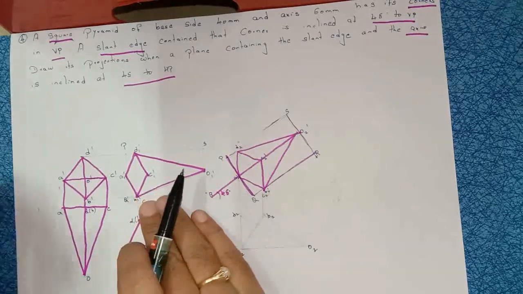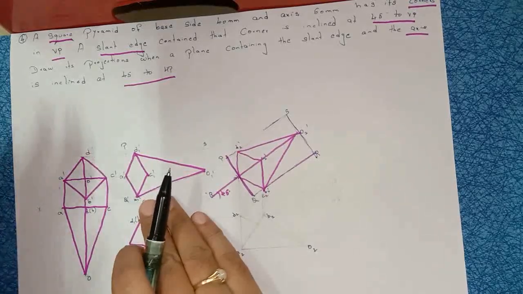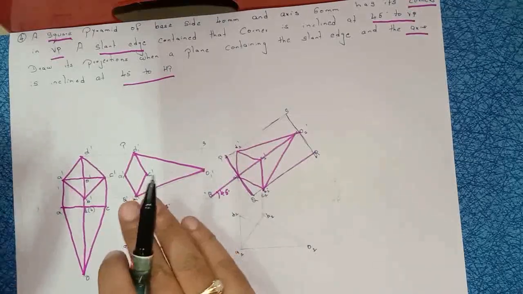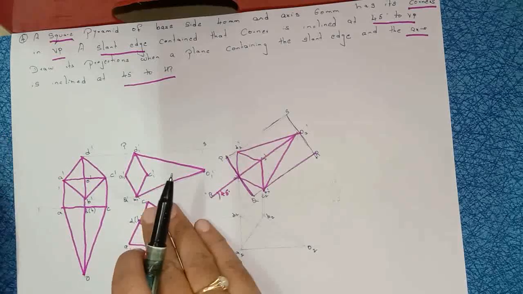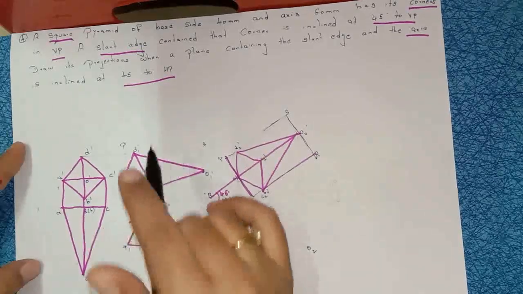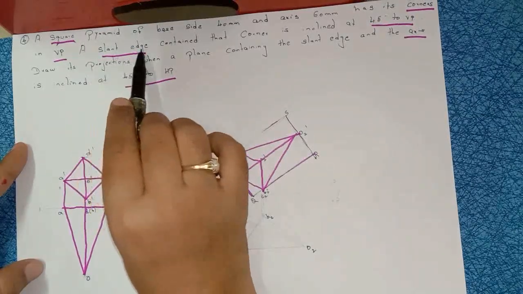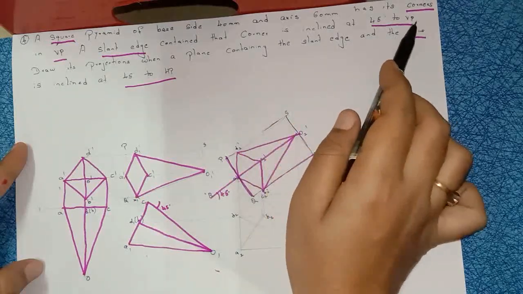In previous solved problems, they mentioned the question that axis is inclined at 45 degrees or 30 degrees to HP or VP. They mentioned clearly one word as axis. Right? Second position, for every problem we constructed with the help of axis. Now see here in this question, the second position they mentioned as a slant edge containing that corner is inclined at 45 degrees to VP.